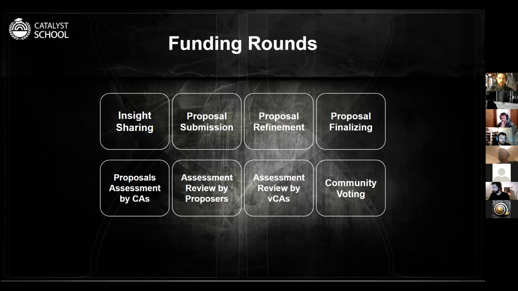You explained the 8 phases. So these are 8 following weeks about the proposal submission. Talking with a friend of Cardano, we were putting down a technical idea.